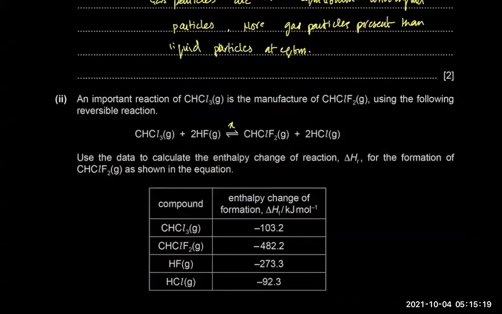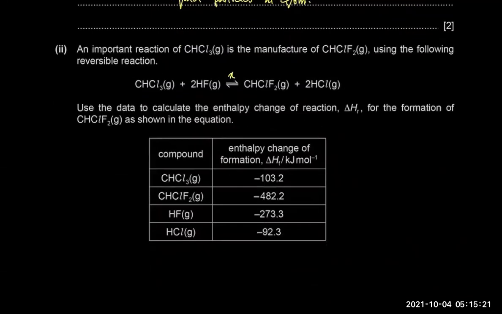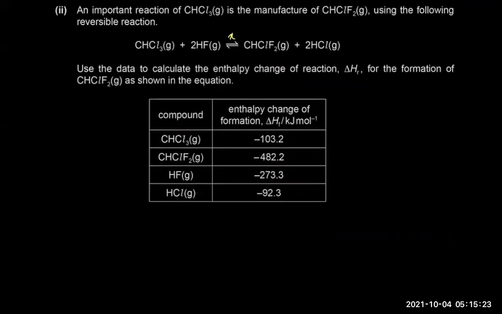And they've given us the enthalpy changes of formation. Yes, you don't even have to draw a Hess cycle. You can, but we know that the delta H for any given reaction, they haven't asked you to draw an energy cycle, is the formation of products minus the formation of reactants.